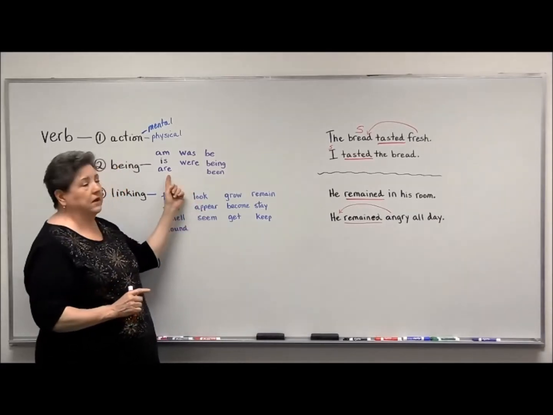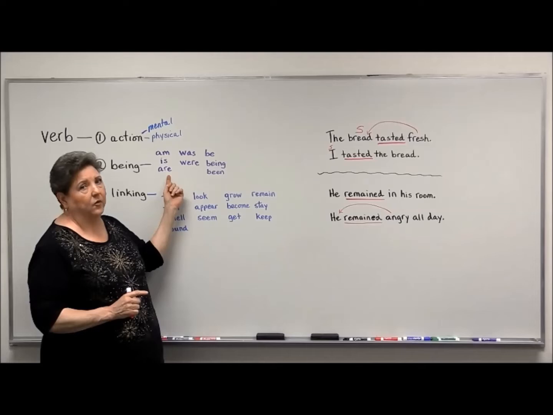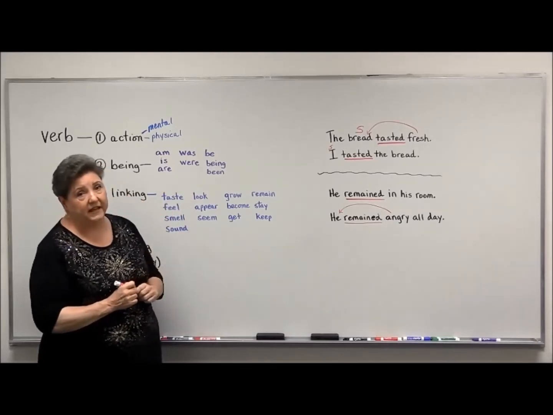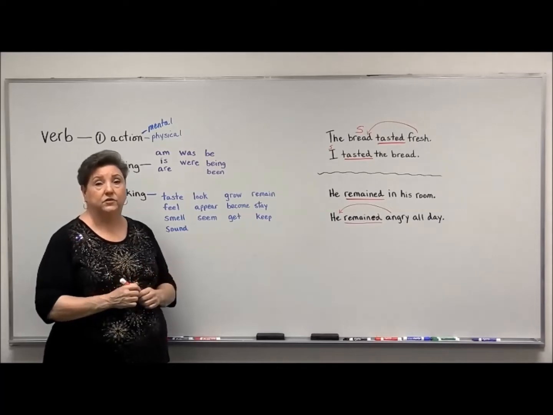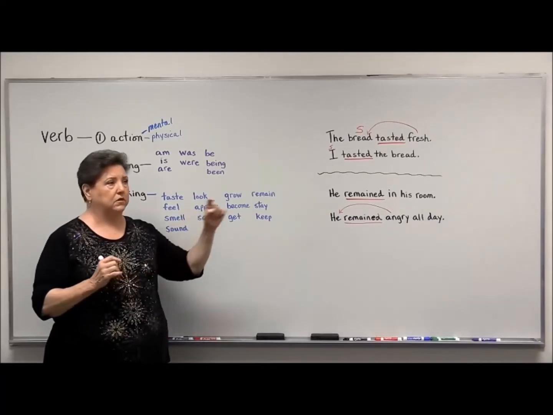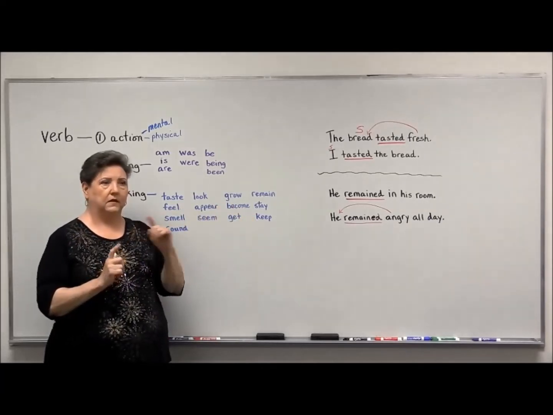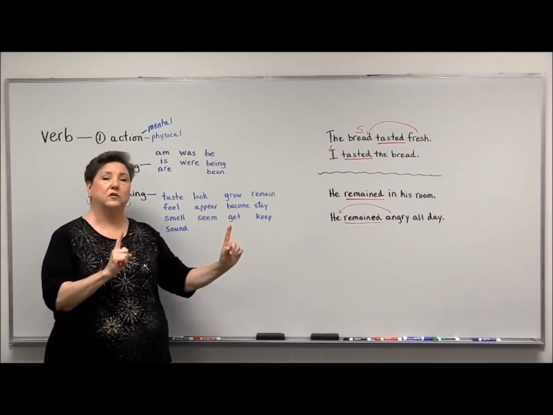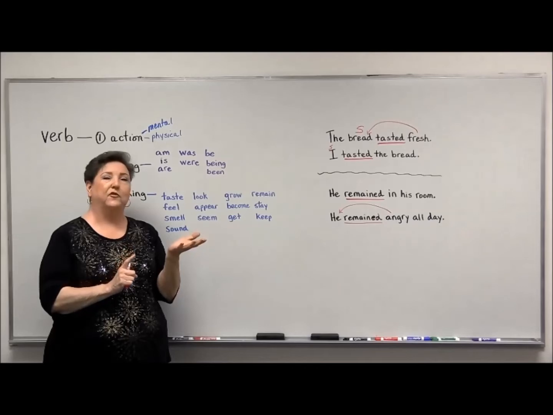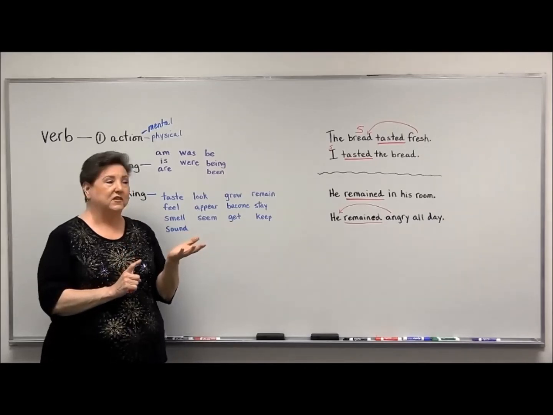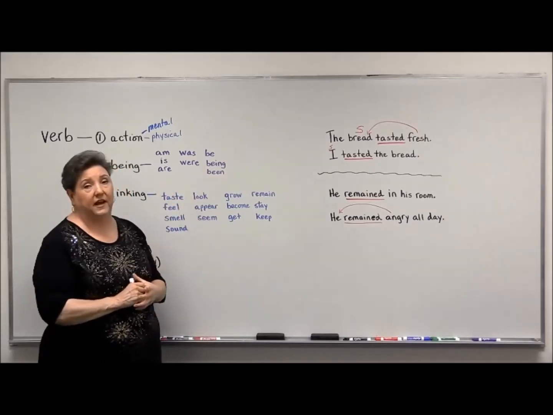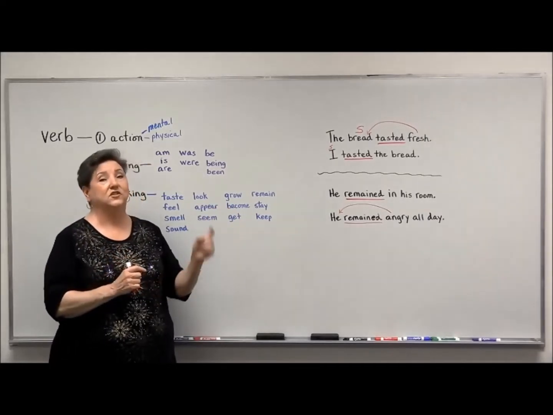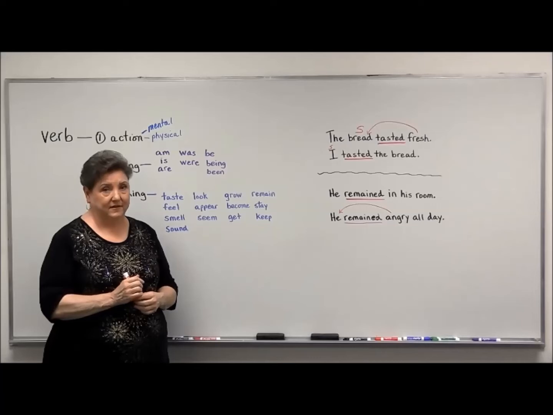Well, I told you these can also be linking. Well, listen to this sentence. He is a great student. Student, he, same person. What's connecting those two words? The be verb, is. So be verbs can also connect the subject to a word over there that is describing or renaming the subject.